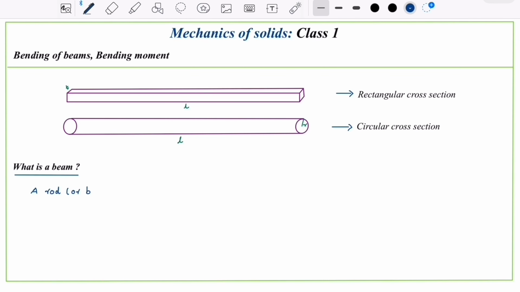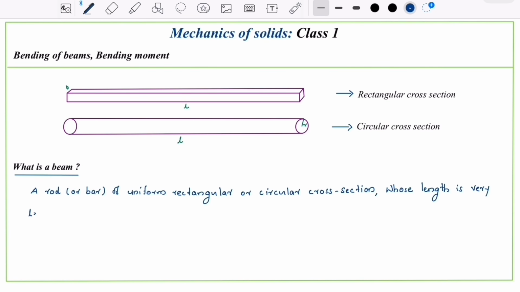How can we define a beam? A beam is a rod or bar of uniform rectangular or circular cross-section whose length is very large in comparison to its thickness or radius.